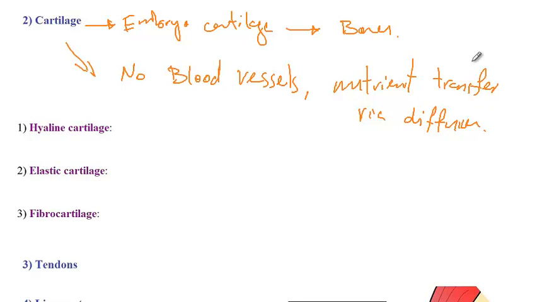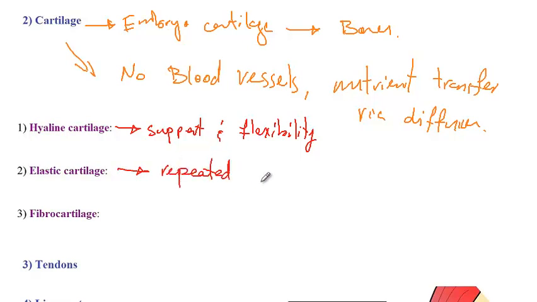And then regarding different types of cartilages that we have, these include hyaline cartilage, elastic cartilage, and fibrocartilage. So let's start with the hyaline cartilage. So this type of cartilage is used to provide support and flexibility to areas such as our nose, rib cartilage, and long trachea, versus the elastic cartilage, which is required for repeated bending.